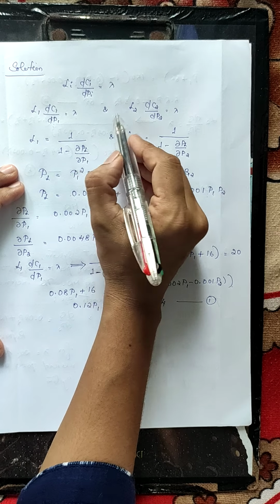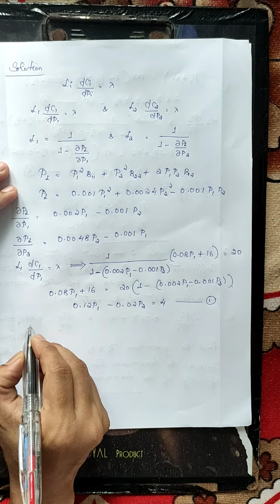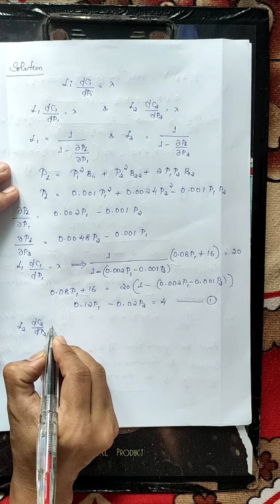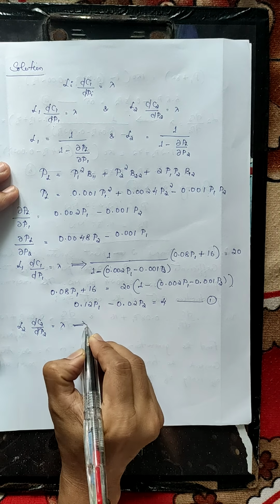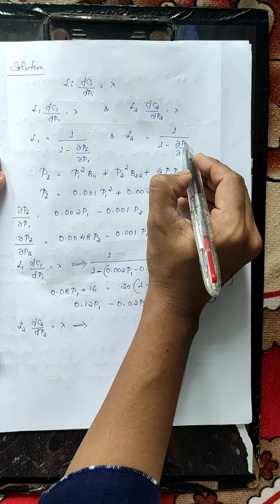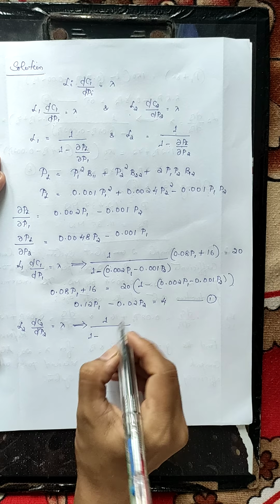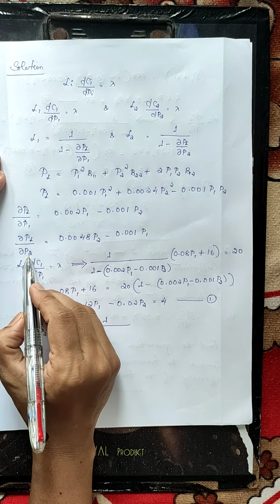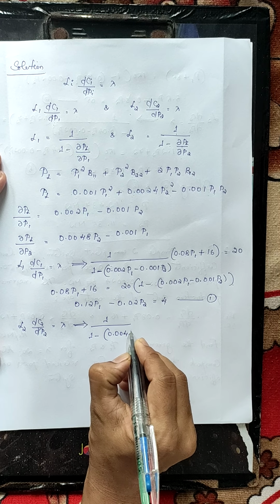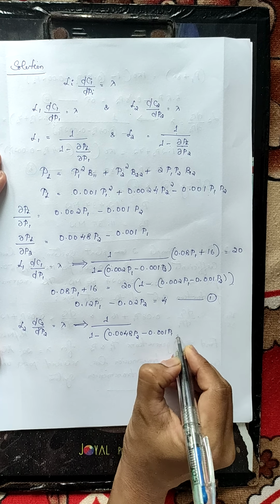So now go for the second equation. L2 into dC2 by dP2 is equal to lambda. Implies, now what is L2? 1 divided by 1 minus dou PL by dou P2. So dou PL by dou P2 is this term, 0.0048 P2 minus 0.001 P1.